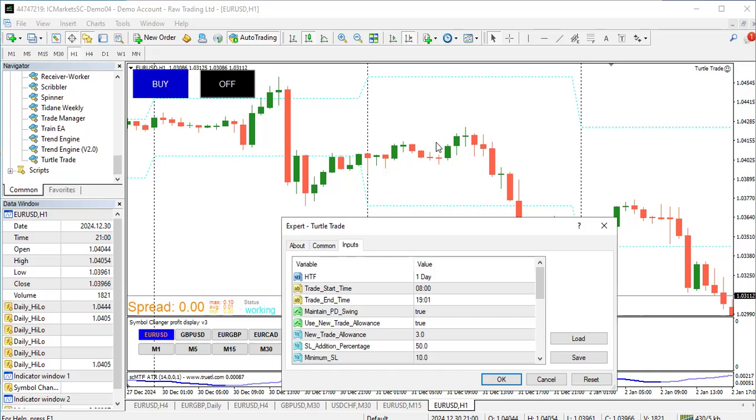It's going to check where your new entry is and compare it to where the old entry is. It wants to see that the new entry is 3 pips higher than the old entry. So that's what new trade allowance 3 pips means: it ensures that the new entry you want to put is 3 pips above the old entry.